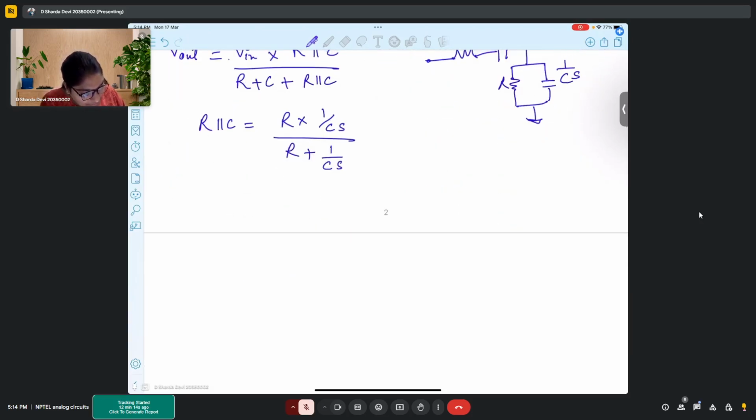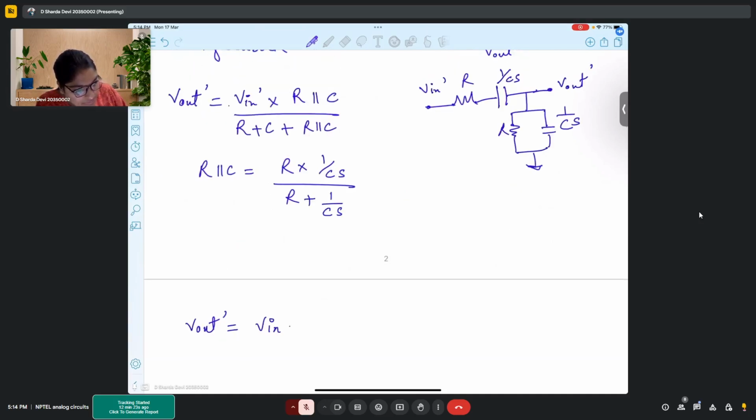So this should be 1 by CS. R plus CS basically means R series C.